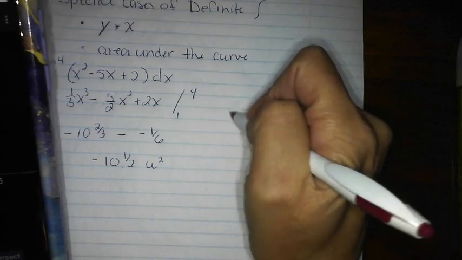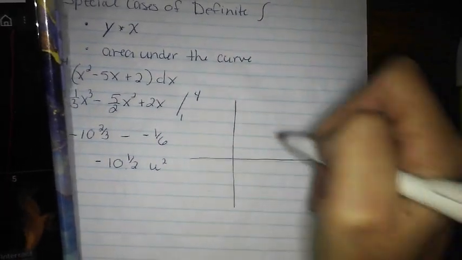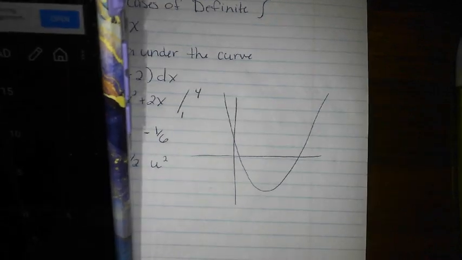So you can see this parabola goes below the axis, and we are looking at it from 1 to 4. Let's trace work on this thing.